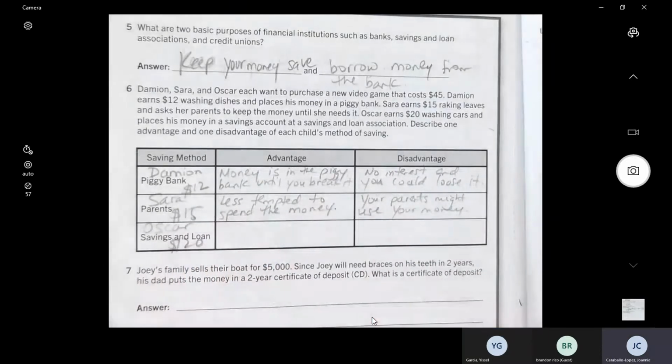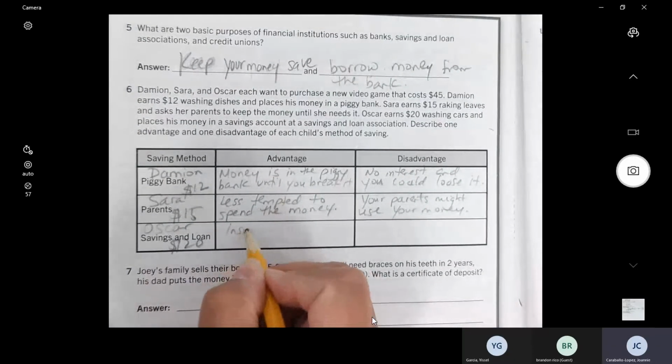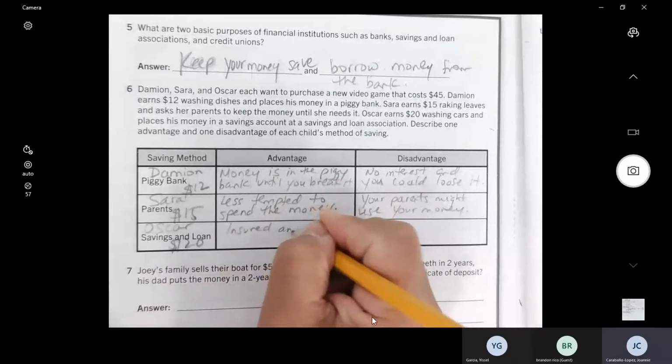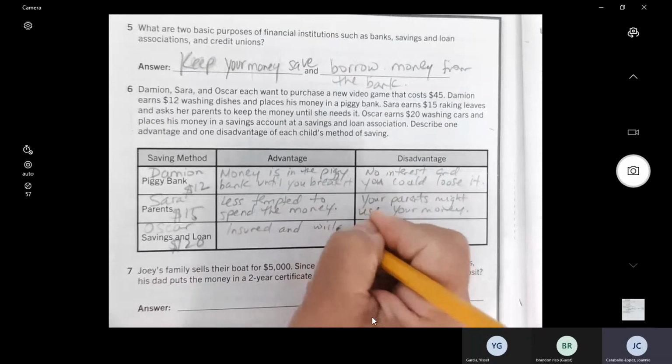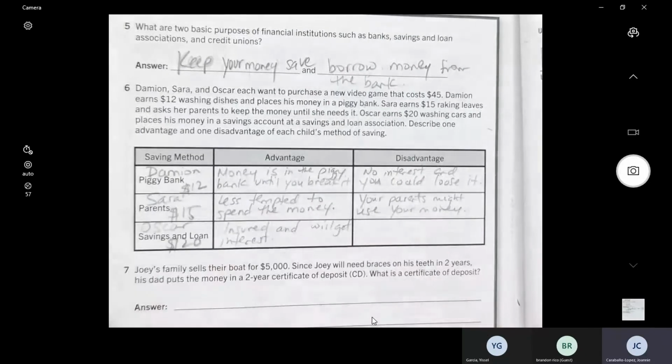All right, Oscar. He's got his money at a bank. So what do you think it's going to be? His money is going to be insured and will get interest, right? What's a disadvantage?